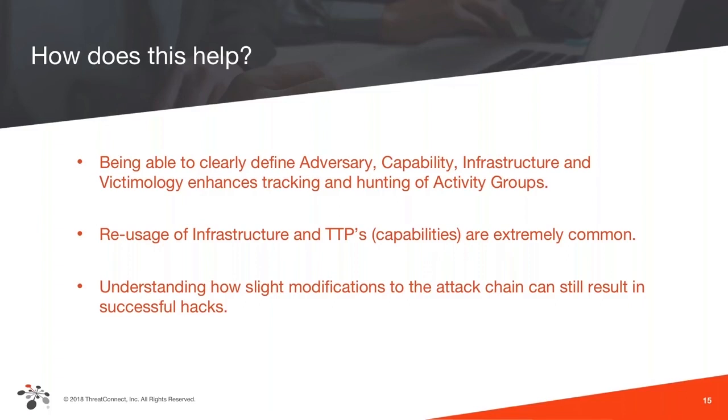The reuse of IPs and domains and TTPs is extremely common, right? Bad guys don't want to recreate stuff as much as you don't want to recreate stuff. They're just as lazy as you and I are. And so, effectively, if we can use our intel to identify a good cutoff date, what we call the intel cutoff date, of when is the intel good for? That's not easy, right?